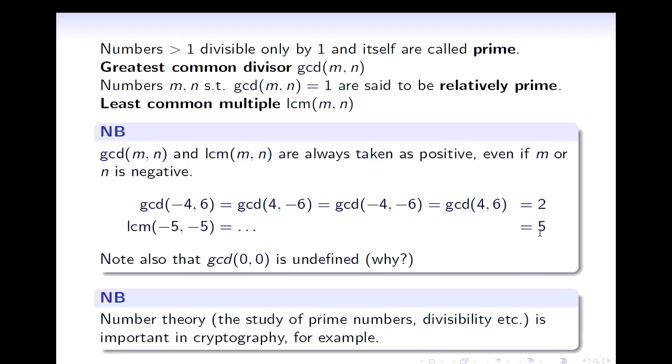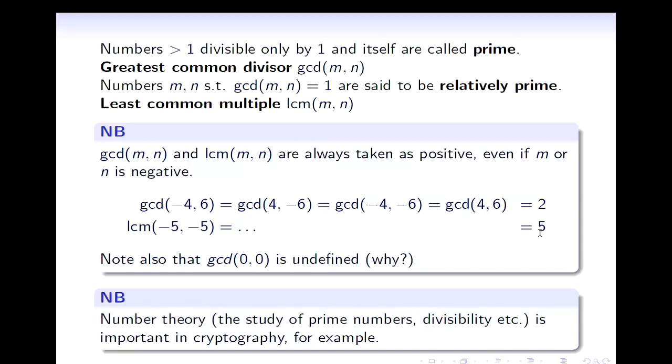Now coming back to your question with can we divide 0 by 0, the answer is greatest common divisor of 0 and 0 is undefined. And this is important to note as a special case. Why does it have to be undefined? Because we can define or find arbitrarily large k's that we have that 0 times k is always 0.